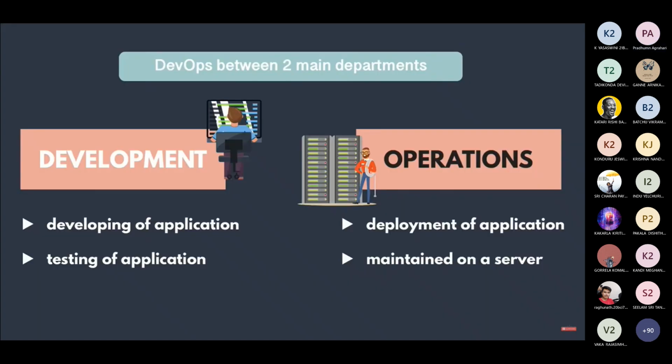Everyone knows that we are going to be engineers, and we are going to develop and write code and applications. Developers write the business code, and testers test the application by writing unit tests or other functional tests. There's a separate team for operations, responsible for deploying the application on the servers.